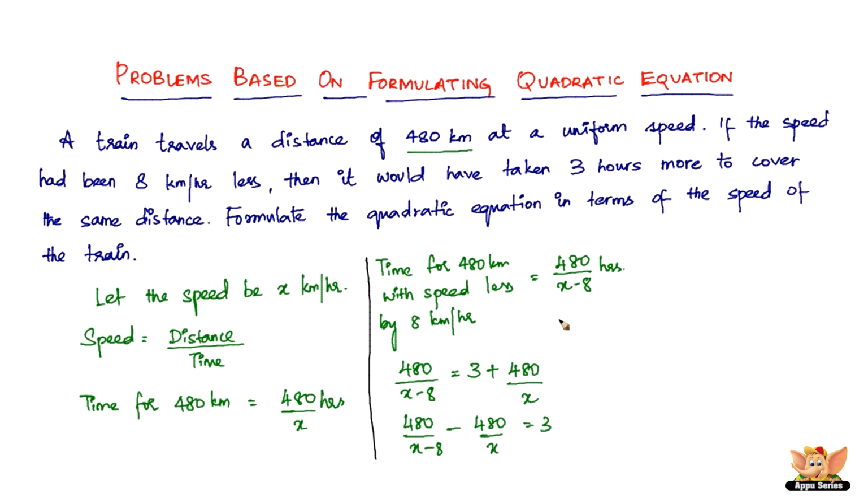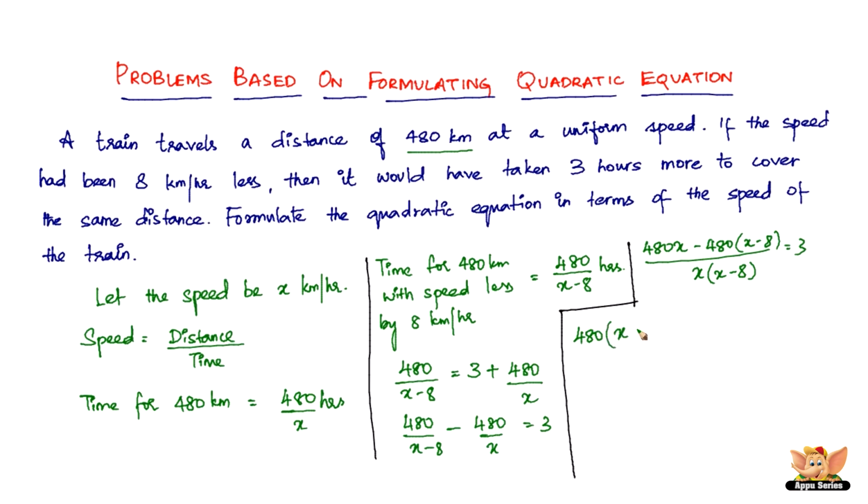Taking the LCM, we've got 480 times x minus 480 times x minus 8, divided by x times x minus 8, equals 3. I've just cross multiplied. Now 480 is the same in both terms, so take out 480. All you've got is x minus x plus 8, because negative into negative is positive, divided by x into x minus 8 equals 3.